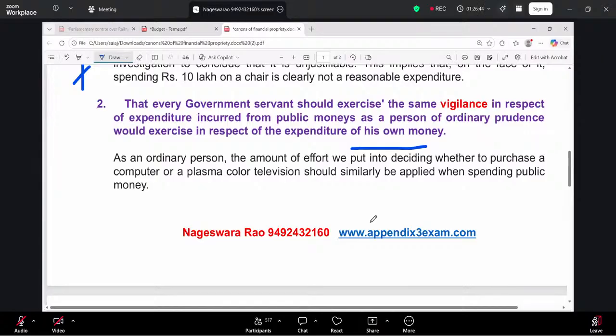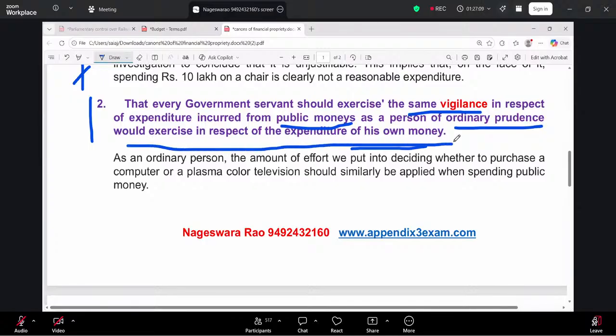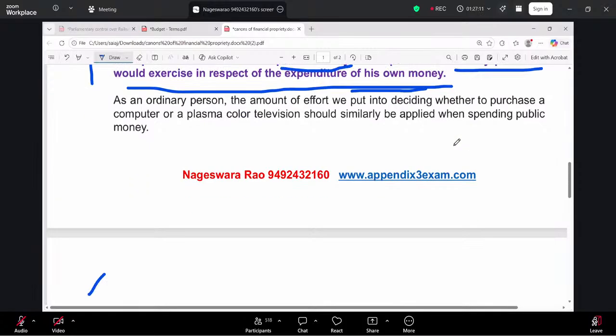So many queries you will do. The same exercise, the same caution you take while spending government money. That is simple. The government servant should exercise the same vigilance in respect of expenditure incurred from public money, that is government money, as a person of ordinary prudence would exercise in respect of expenditure of his own money. That's all. Very simple. Okay.